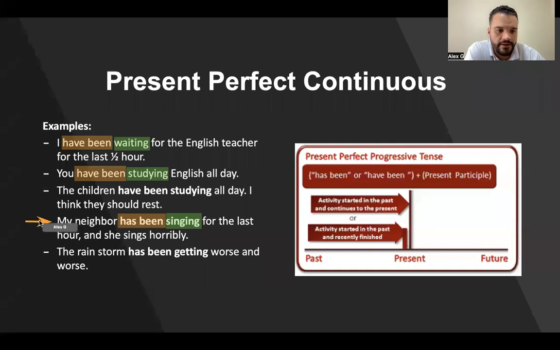And finally, another example with has is the rainstorm has been getting worse and worse. Now notice how this is an action that started in the past and is going to gradually continue in the present or on to the future maybe, okay? So just memorize the structure, which is has been or have been plus the present participle, which remember is the ing form of the verb, okay?